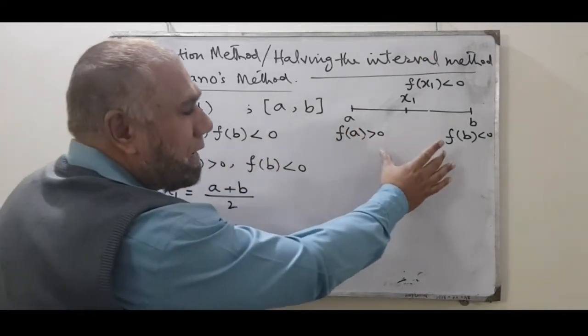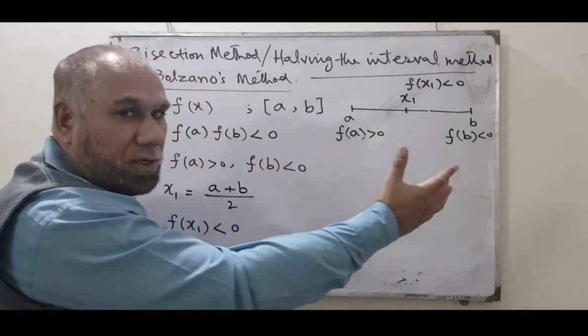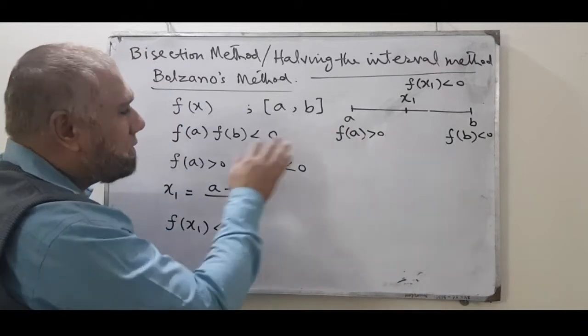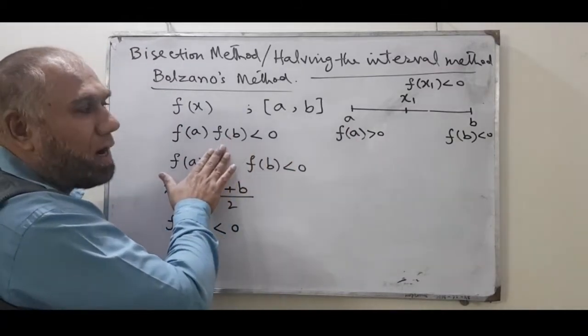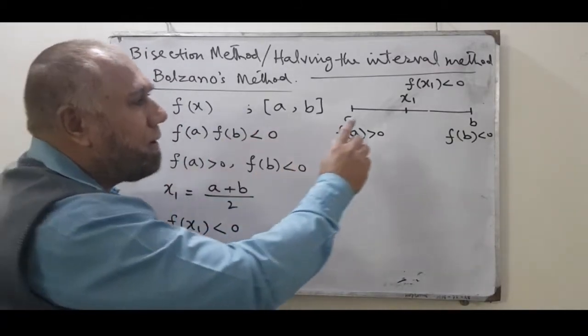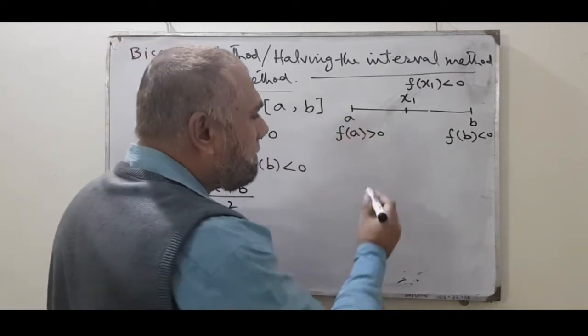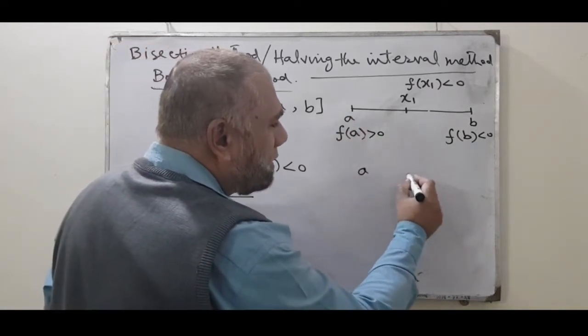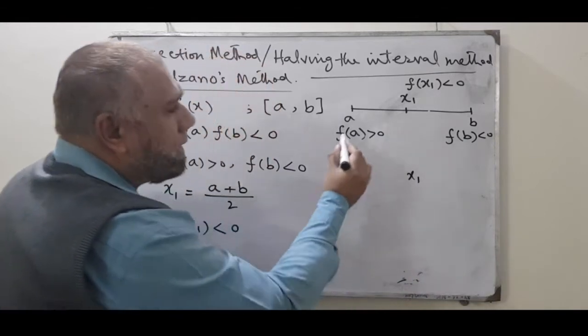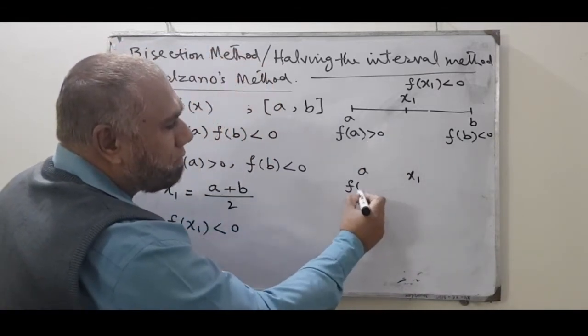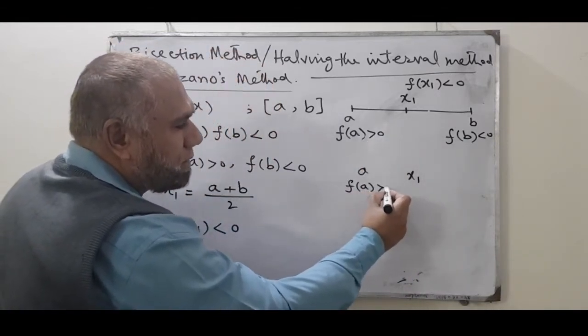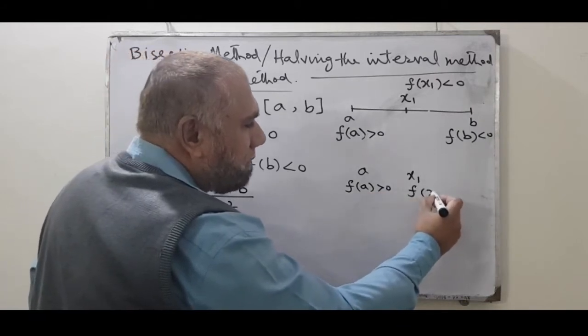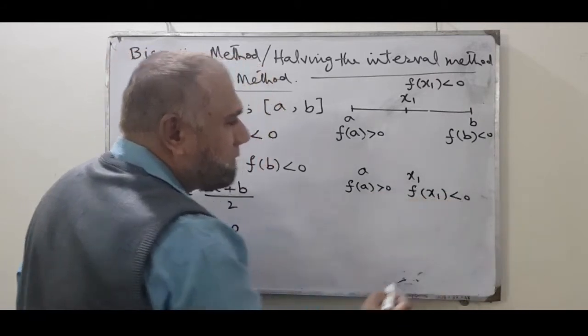Whenever we select an interval for the next iteration, this condition must hold for the two endpoints. If I take the first interval, from A to x1, here you can see the sign of the function's value at A is positive, and the sign of the function's value at x1 is negative.